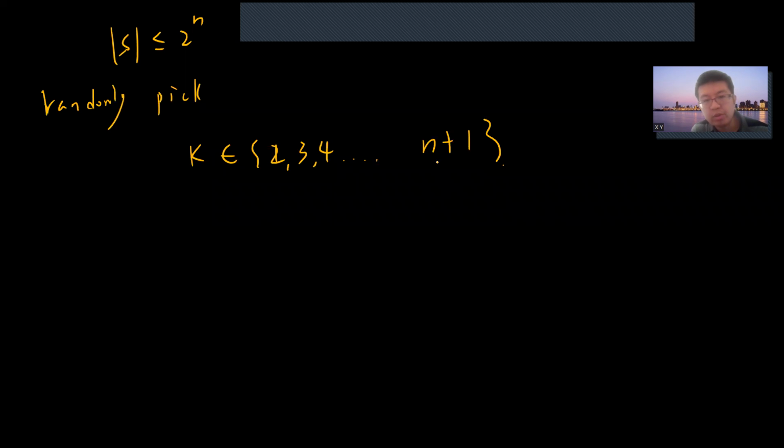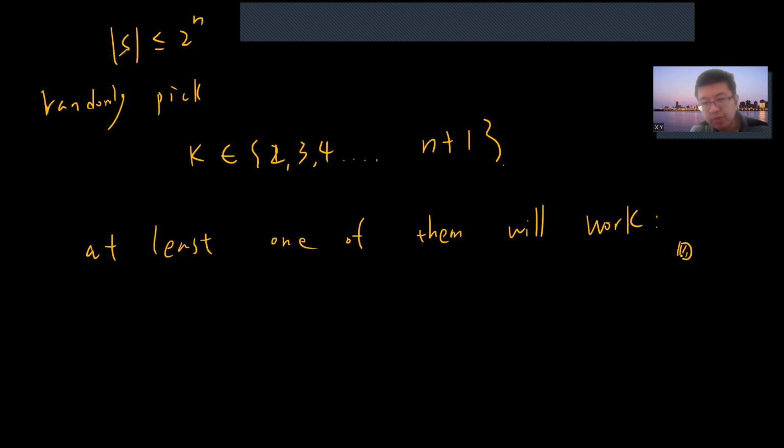If I choose k to be n plus 1, then s equals 2 to the n minus 1 satisfies this assignment. So I just randomly pick, and at least one of them will work.